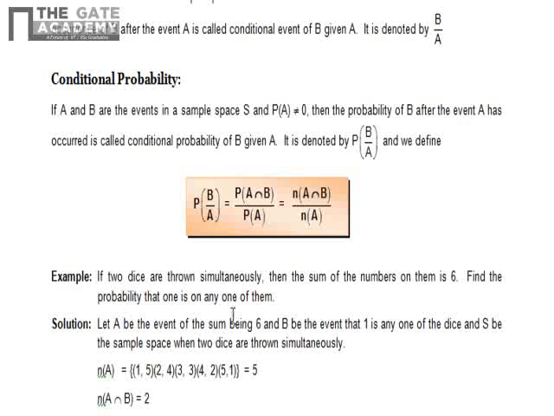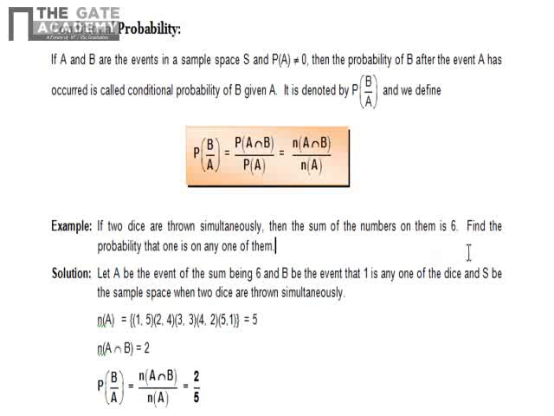If two dice are thrown simultaneously, then the sum of the numbers on them is 6. Find the probability that there is a 1 on any one of them. So n(A) is 1 5, 2 4, 3 3, 4 2, 5 1, which is equal to 5. This is the first event because the addition of both dice is equal to 6.